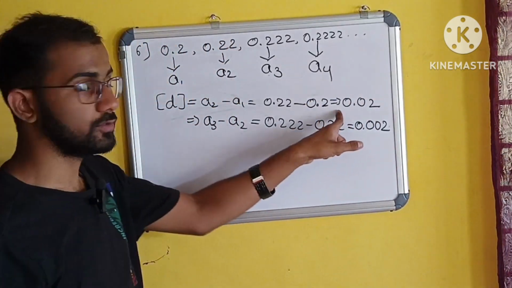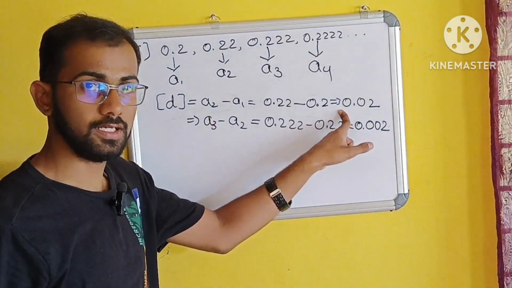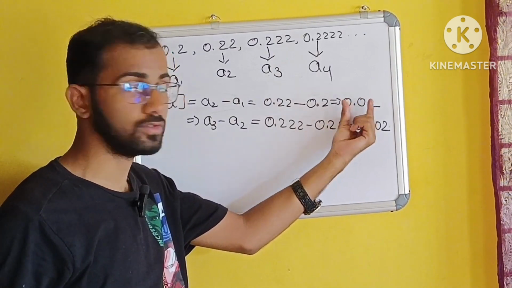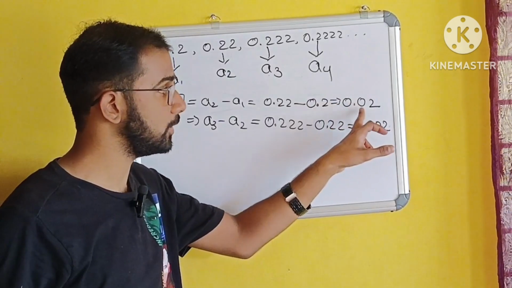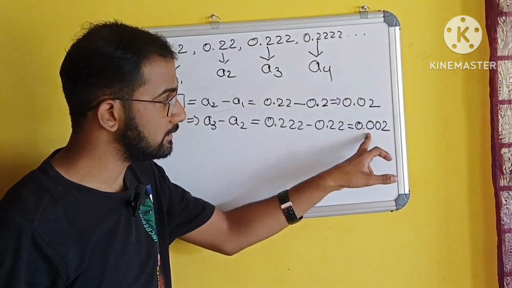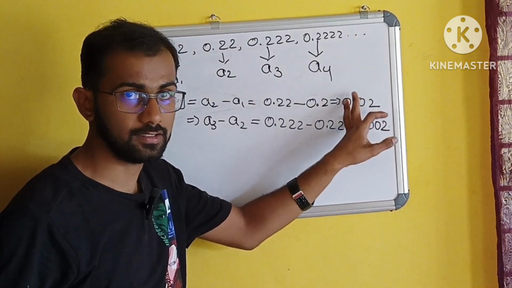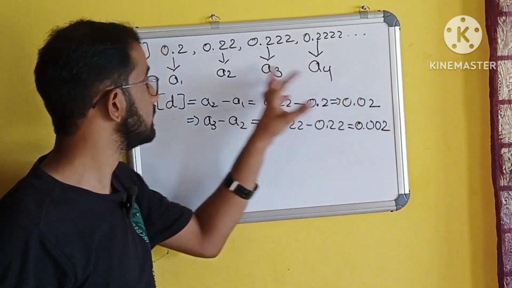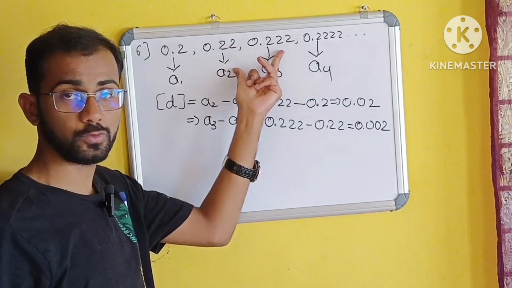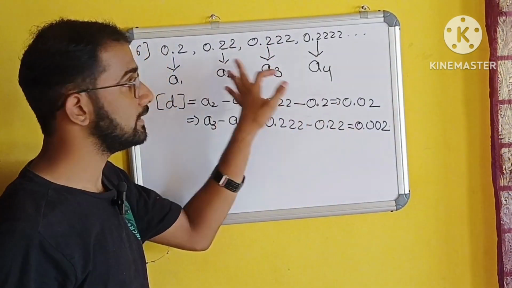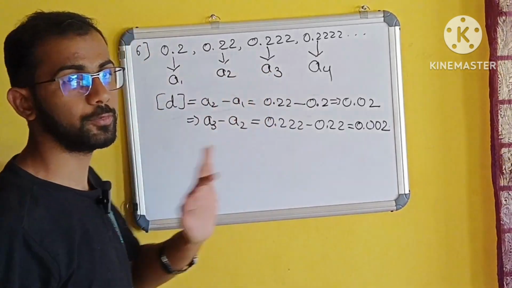So see the common difference: the first consecutive pair difference is 0.02, and the second is 0.002. Since these two numbers are not equal, the common difference between these two pairs is not the same, not fixed. Hence the given sequence is not in arithmetic progression.